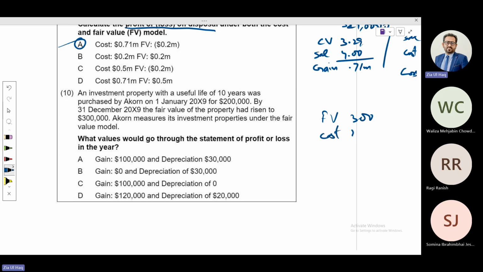Its cost was 200,000. So there is a gain of 100,000 that should be charged to profit and loss account. What value would go through the statement of profit or loss in the year? Gain 100,000 and depreciation 30,000? Known fair value, no depreciation should be charged. Gain 0, depreciation 30? No. Gain 100, 0 depreciation. Yes. Because on fair value, we don't need to charge depreciation. Investment property is excluded from depreciation if measured on fair value basis.